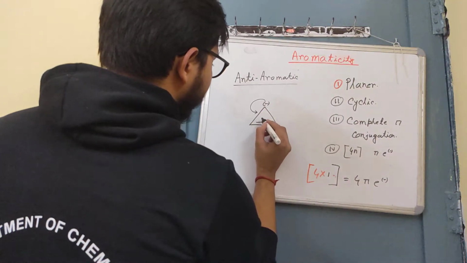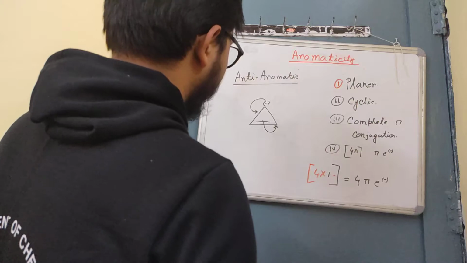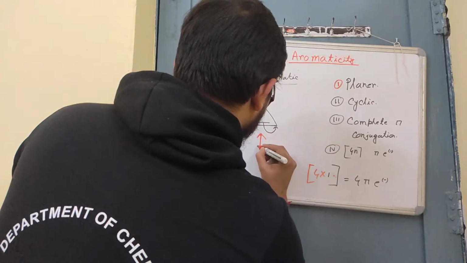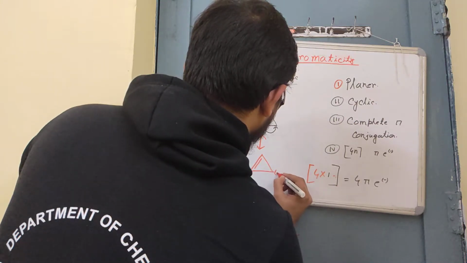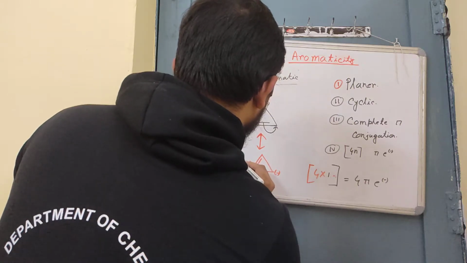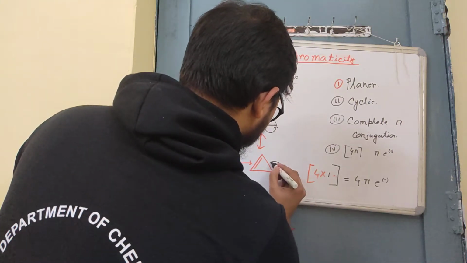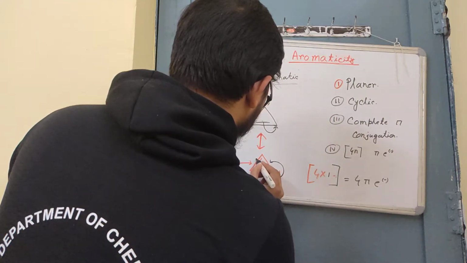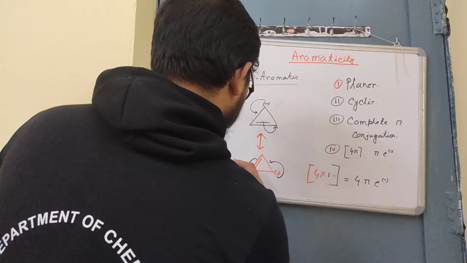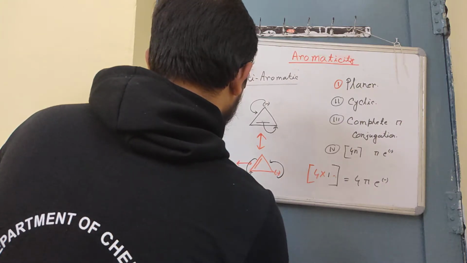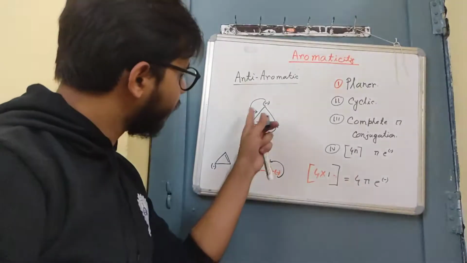Because these pi bonds can relocate throughout the molecule, throughout the carbanion.